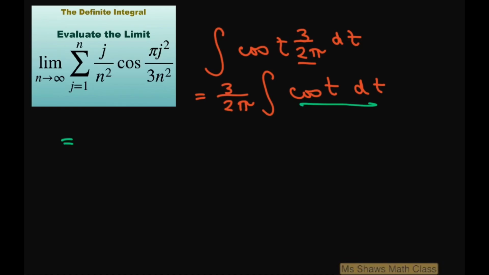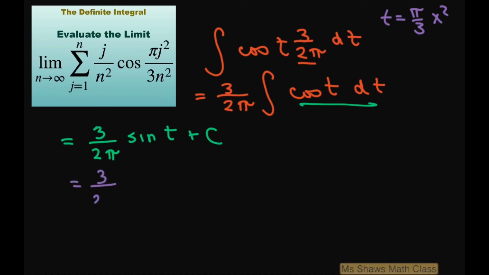So this is going to equal 3 divided by 2 pi sine of t plus c. Now let's substitute back in our t. Remember, our t was pi divided by 3 x squared. So this is going to give us 3 divided by 2 pi times sine of pi divided by 3 x squared plus c.